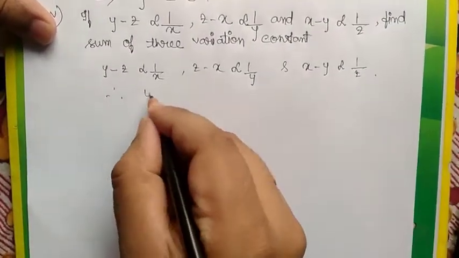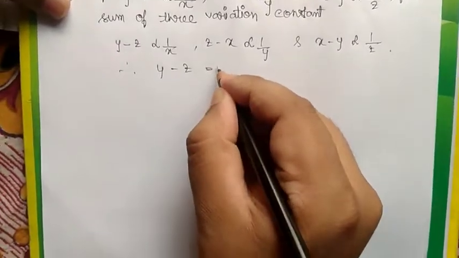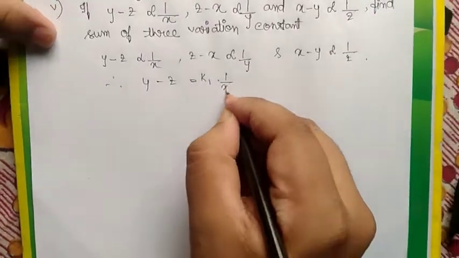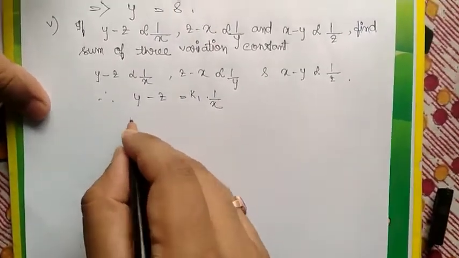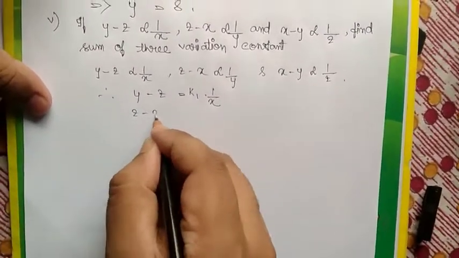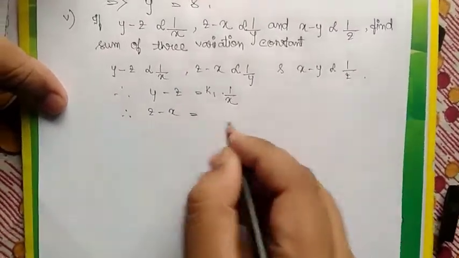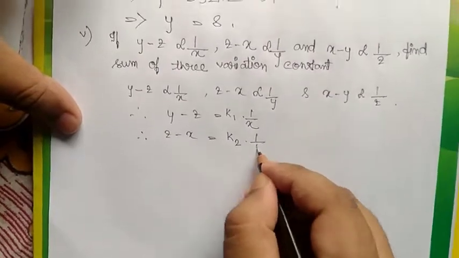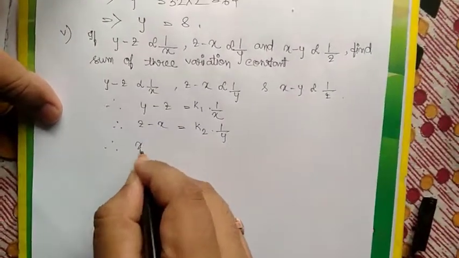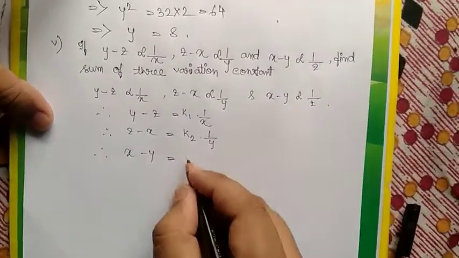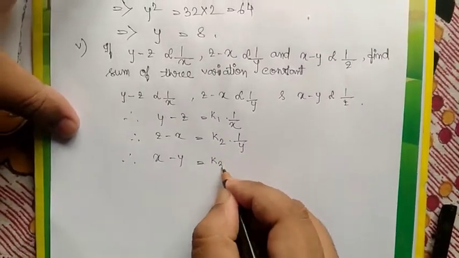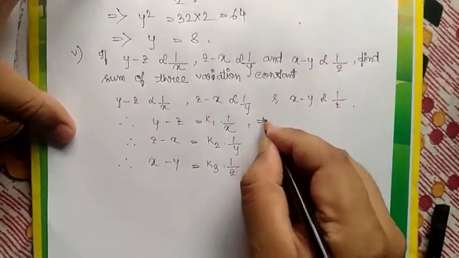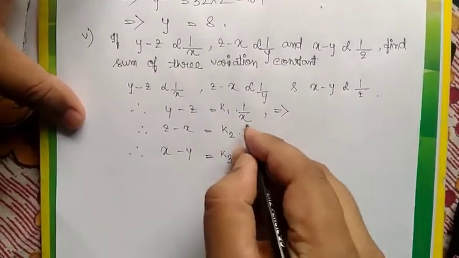Therefore we can write y minus z equal to k1 into 1 by x, and z minus x equal to k2 into 1 by y, and x minus y equal to k3 into 1 by z.